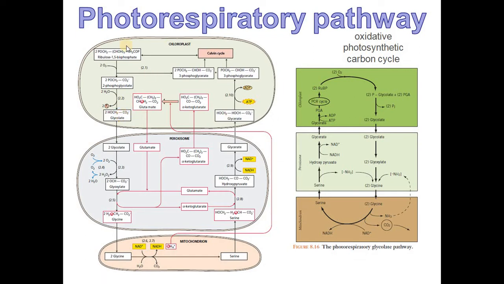We are seeing three organelles: the chloroplast, the peroxisome, and the mitochondria, and we see glycolate coming out of the Calvin cycle as an accidental toxic byproduct when Rubisco fixes oxygen instead of carbon dioxide. And this is called the photorespiratory pathway.